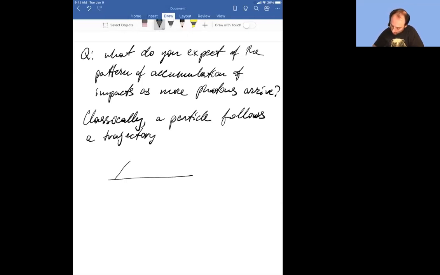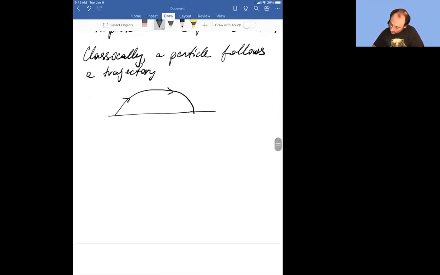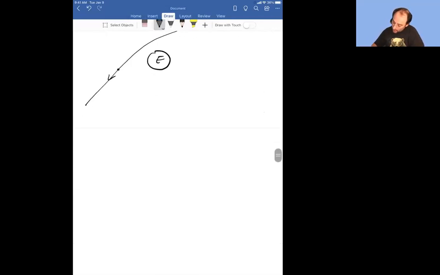You throw a baseball, it follows a ballistic, parabolic trajectory. You have Earth and a comet. It follows a hyperbolic trajectory, for example, or maybe an elliptical trajectory.